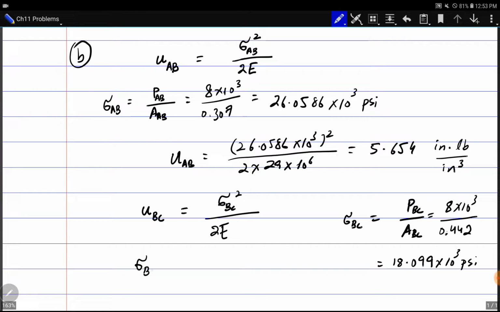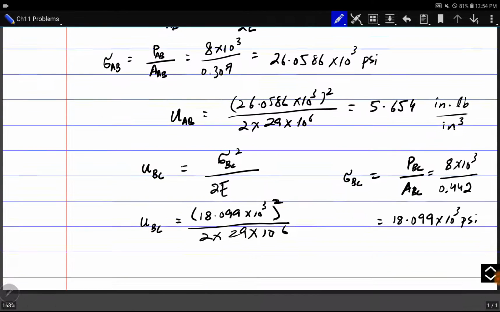Putting the values here, u_BC will be (18.099 into 10 power 3) squared divided by 2 into 29 into 10 power 6.